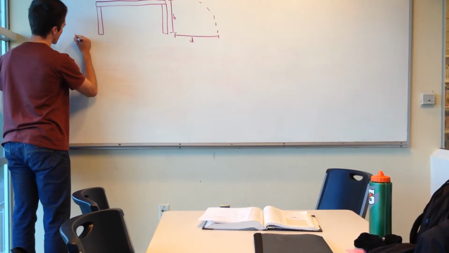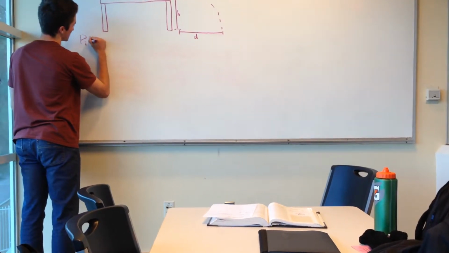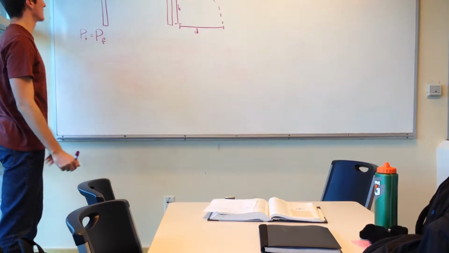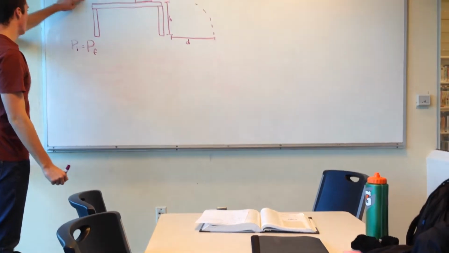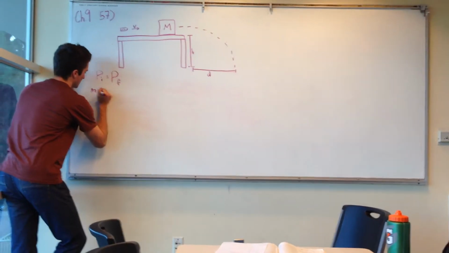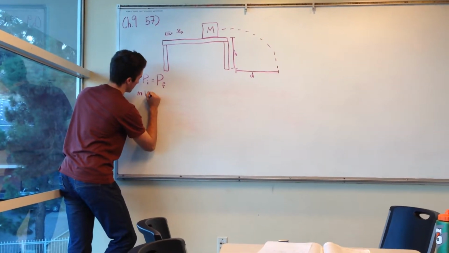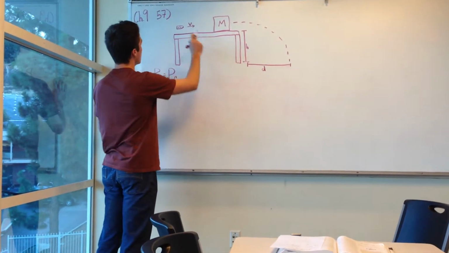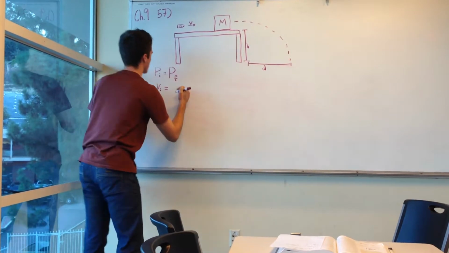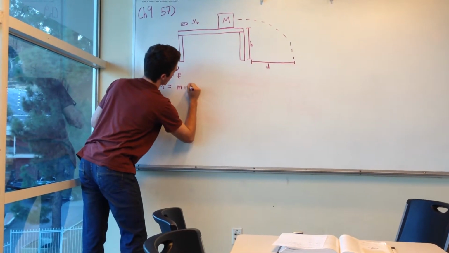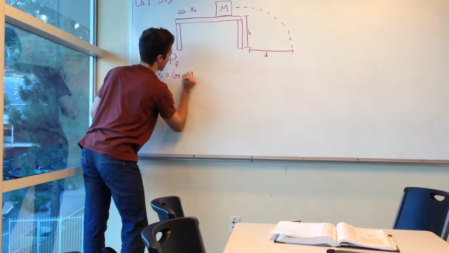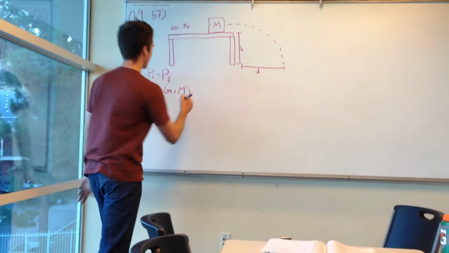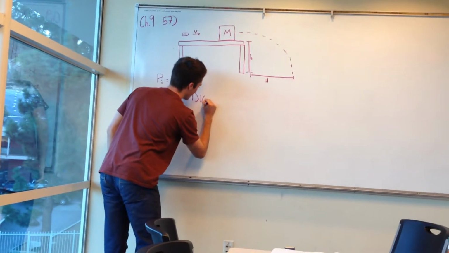So we start with momentum initial equals momentum final, and you have the momentum of the bullet, so little m times velocity initial equals, the bullet is going to get lodged into the block, so you're going to have little m plus big M times velocity final.